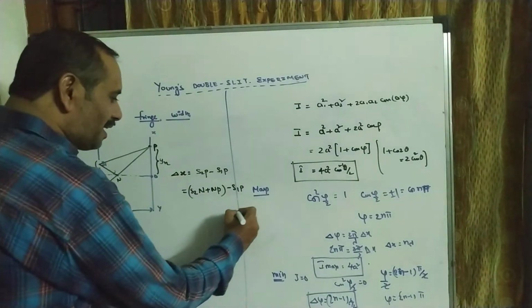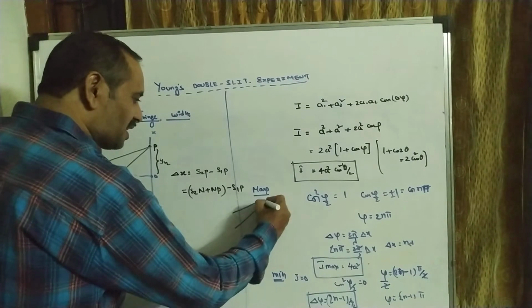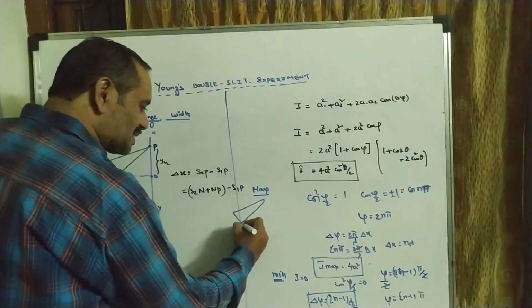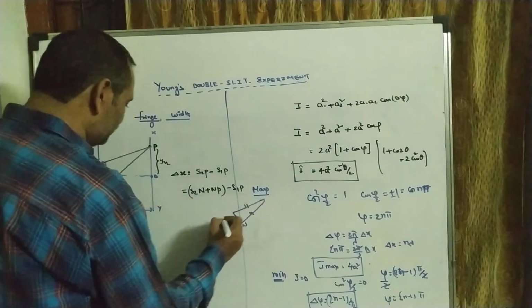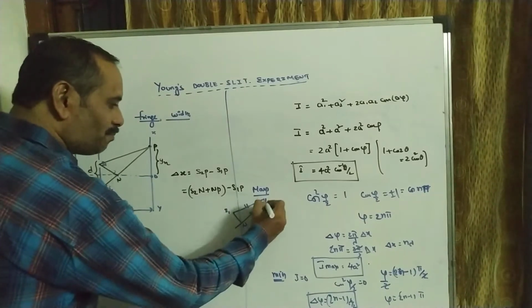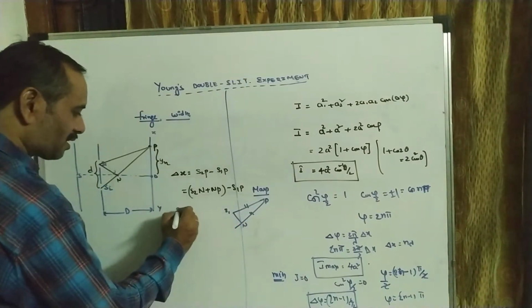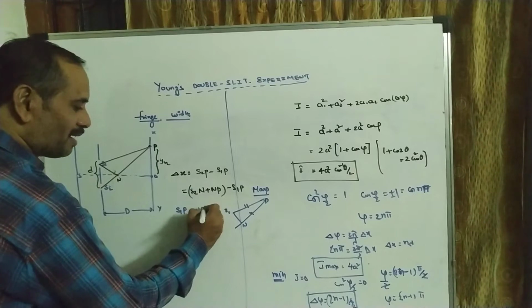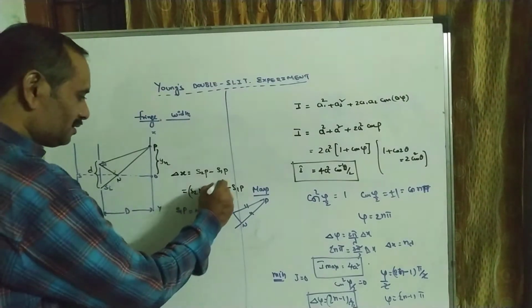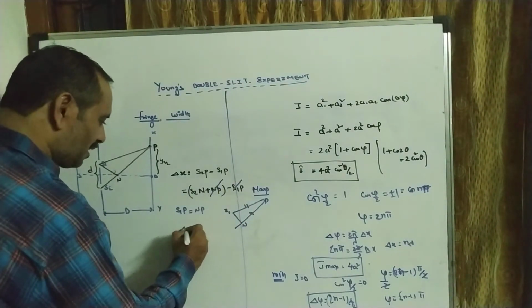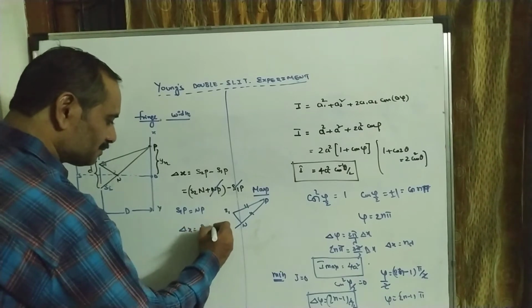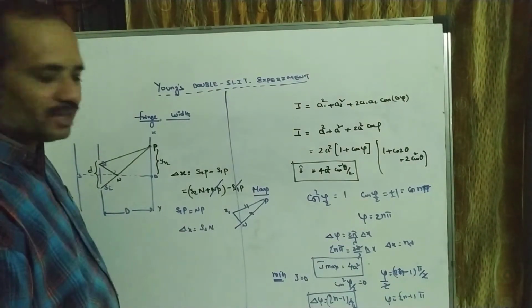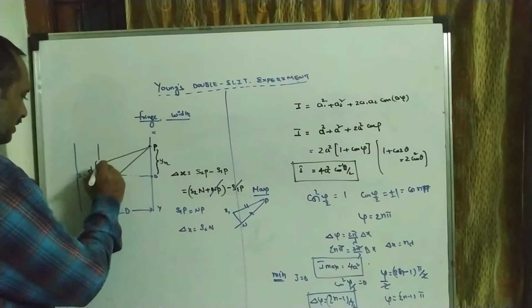Between two inclined lines, after intersections when they have a small angle, these two are equal. That is S1P equal to NP. Then these two are cancelled. Delta x equal to SN, path difference.